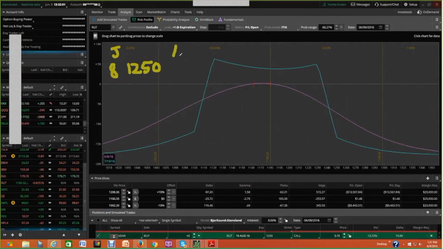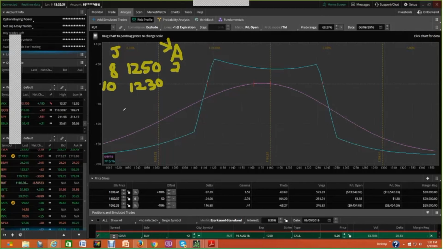In August, we're buying 2 of the 1250s. On the 1230s, we're selling 10. We're selling 10, buying 8, and buying 2, right? We're just buying 2 in August.